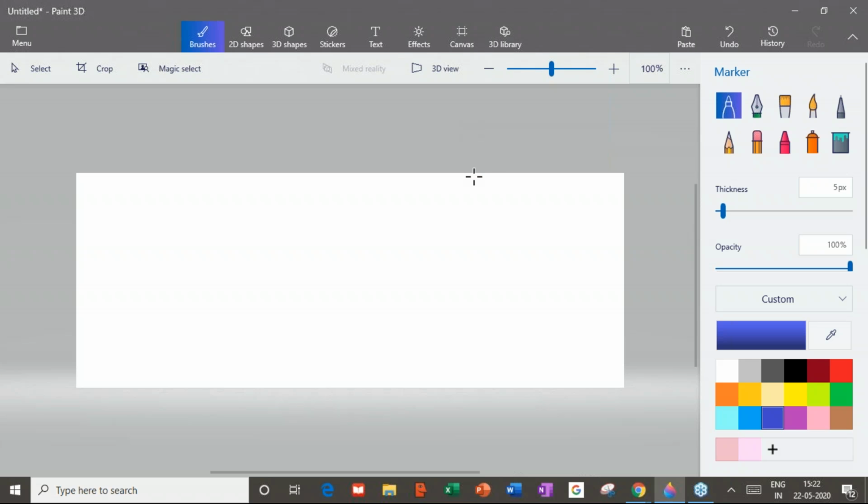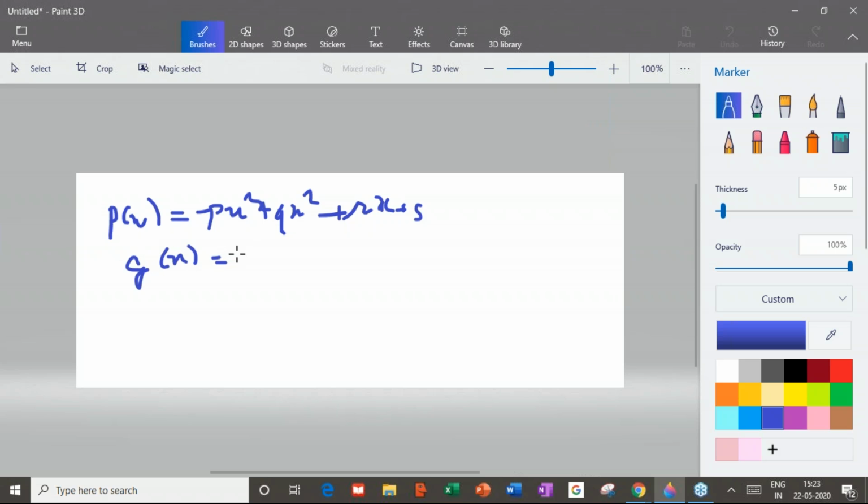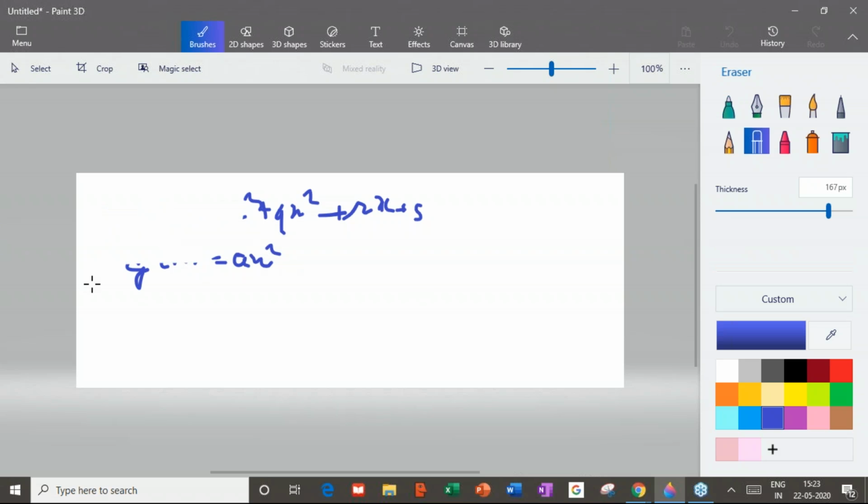So p of x is basically px cube plus qx square plus rx plus s, and g of x is ax square. Oh, sorry, wait, I made a mistake.